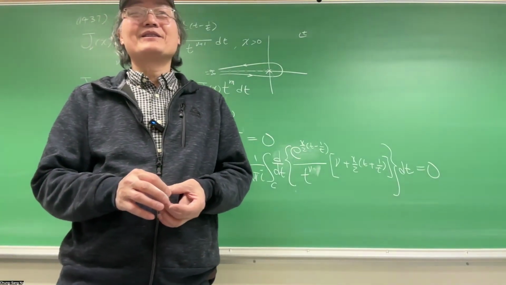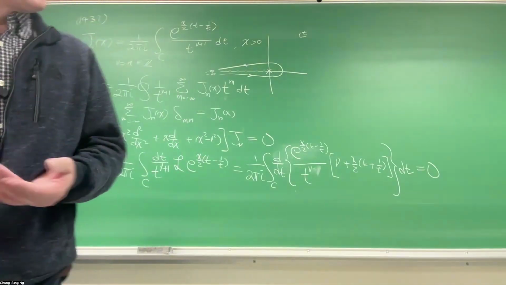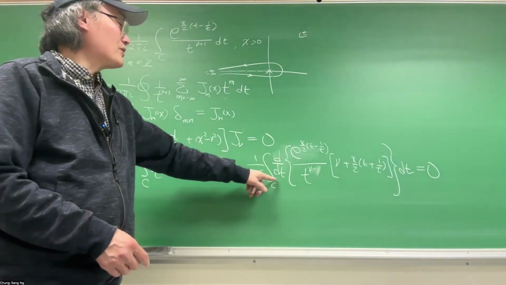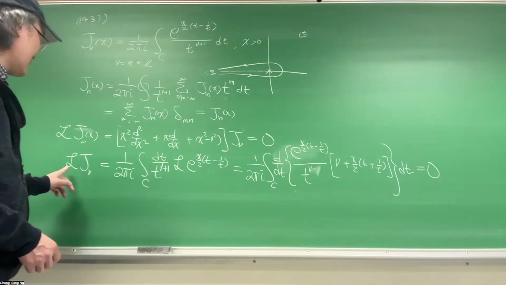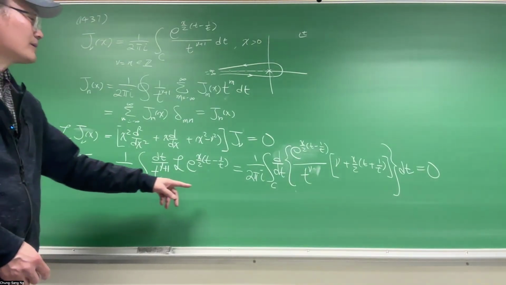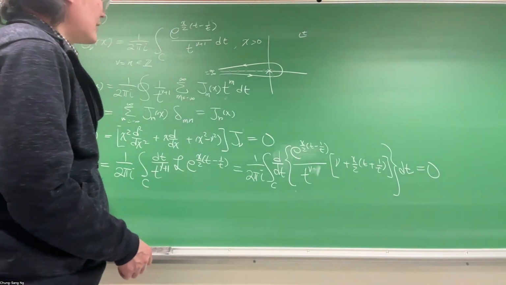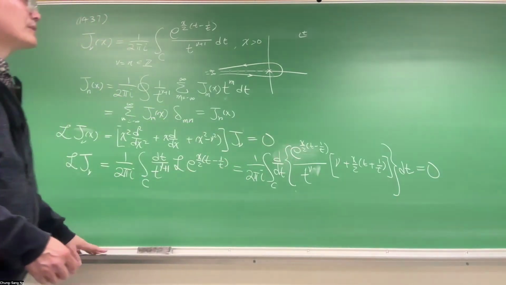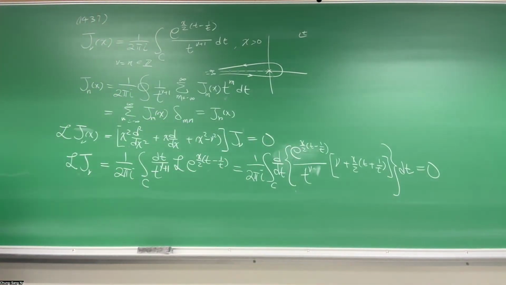But the idea is that once it's in the total derivative, then you can show that this satisfies the Bessel equation in this way. The L operator on J would be 0. Okay, so that shows that it satisfies the Bessel equation.